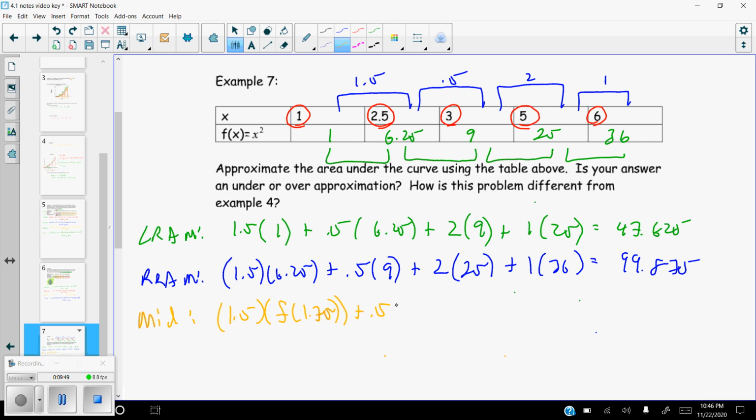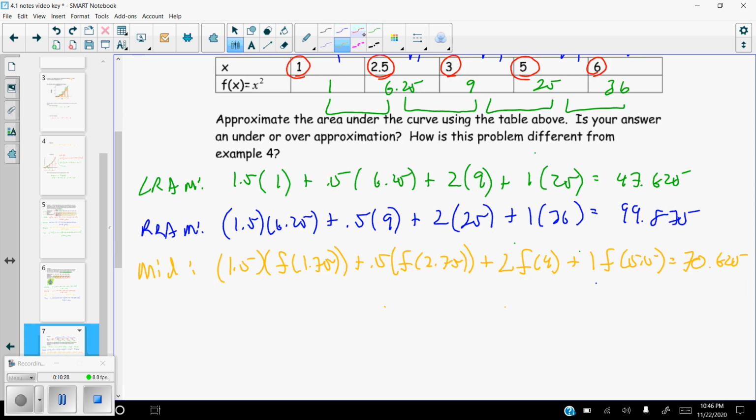Plus 0.5 times f of what's in between 2.5 and 3, which is 2.75. And then the next one is 2 times f of 4. Well, that's 16. And then 1 times f of 5.5. If you plug all that stuff in, it works out to be 70.625. And again, make sure you get that value.